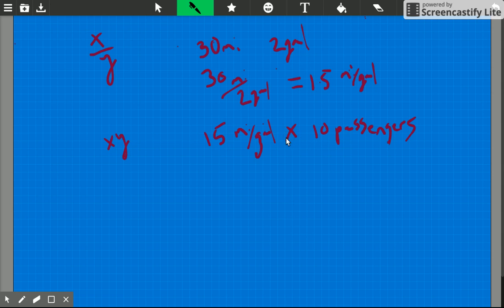We would end up with 150, right? 15 times 10 is 150, but what are the final units? Well, essentially, you're going to end up with 2 units in the numerator and 1 unit in the denominator. So I could write these final units as passenger miles per gallon.